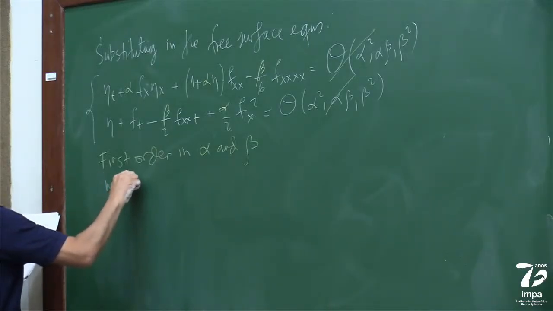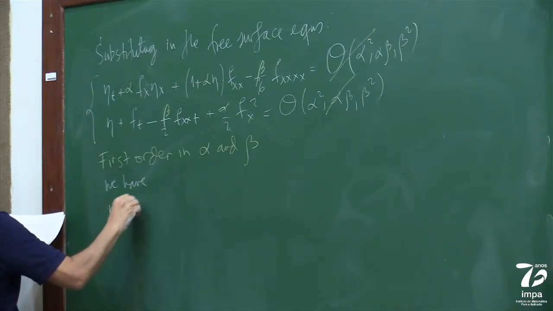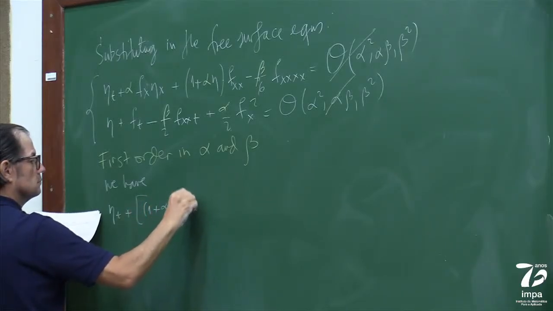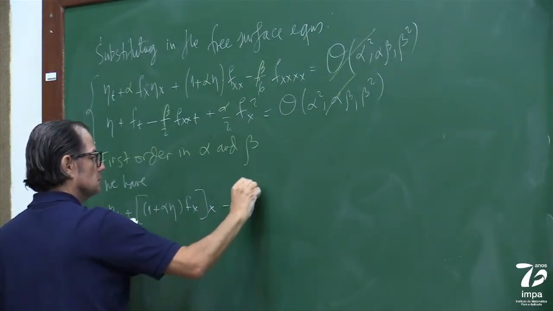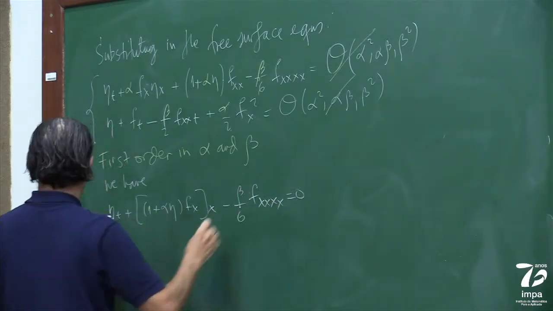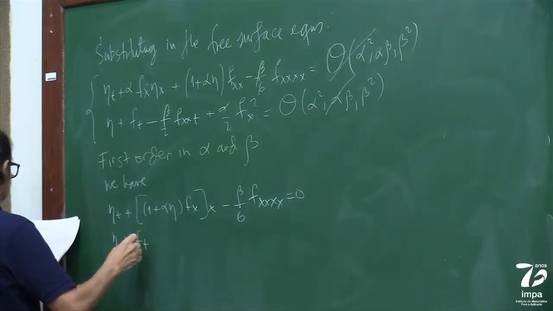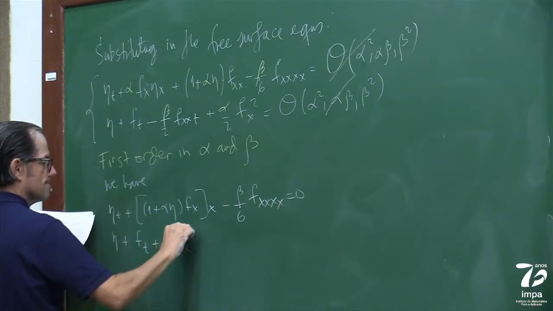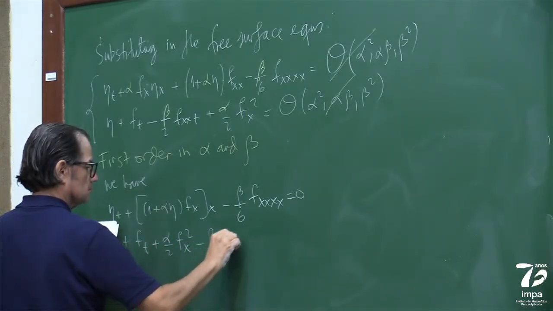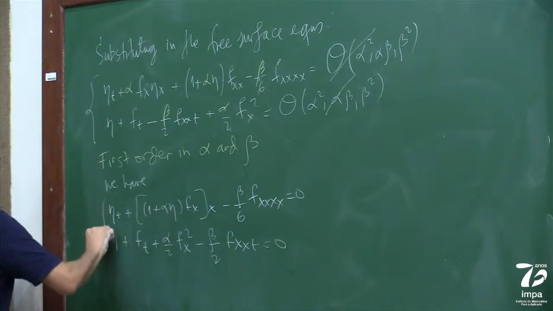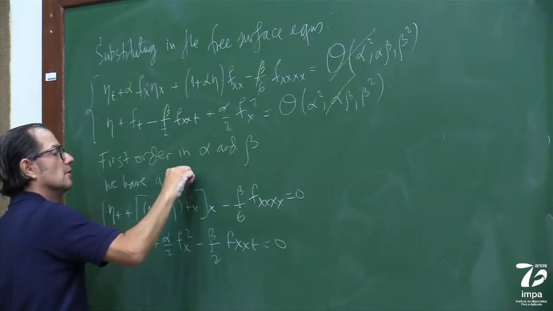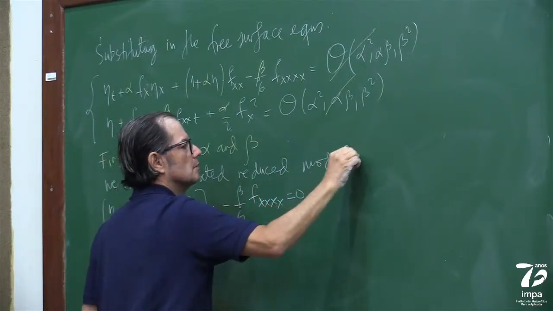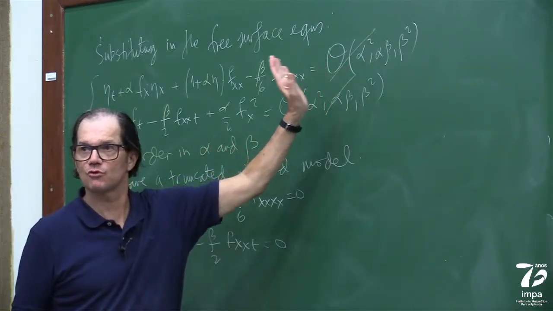So we have a truncated, reduced model. Now I've made an approximation. I've thrown these guys away.